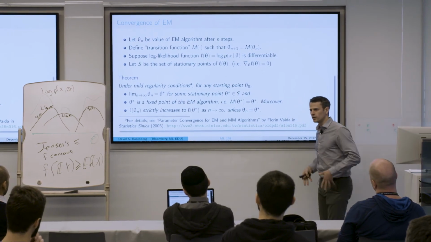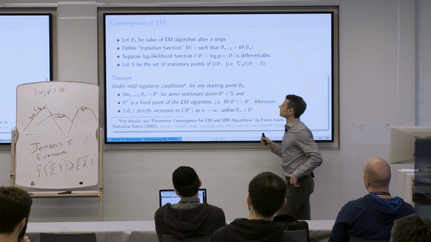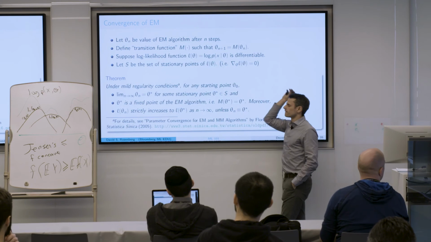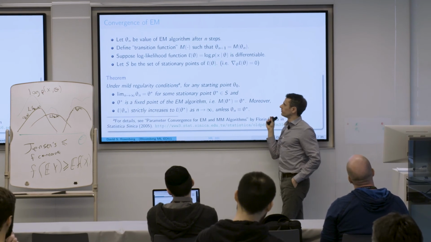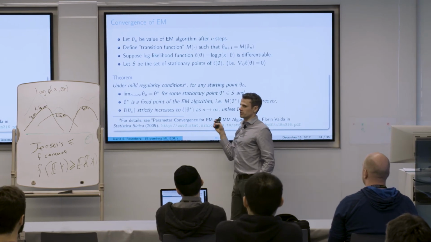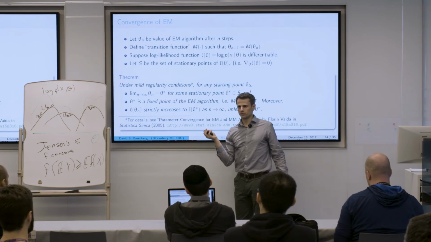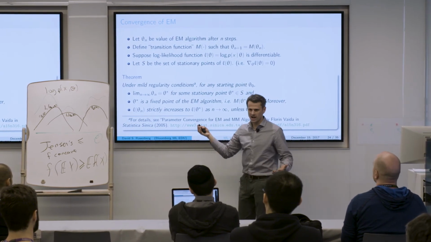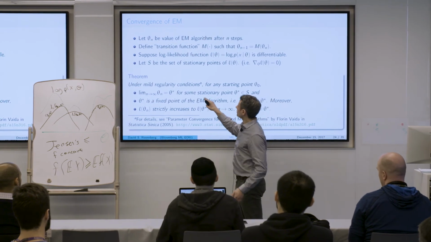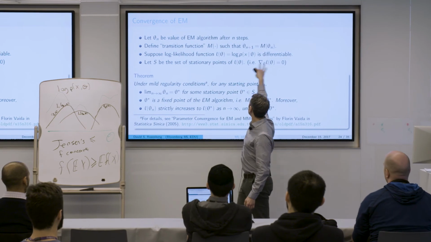The assumption is that the log likelihood function we're trying to maximize is differentiable. What's the best we can hope for? That we end up at least at a stationary point, a point where we can't locally improve our likelihood. So at least a local maximum is basically the best we can hope for with this type of method. Let S be the set of all those stationary points, where the gradient is 0.